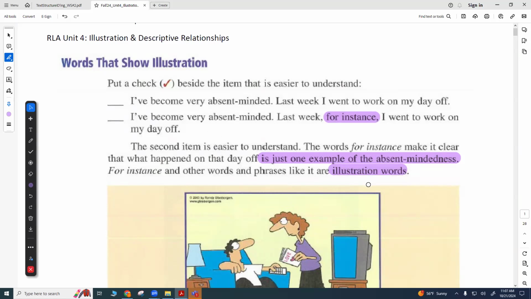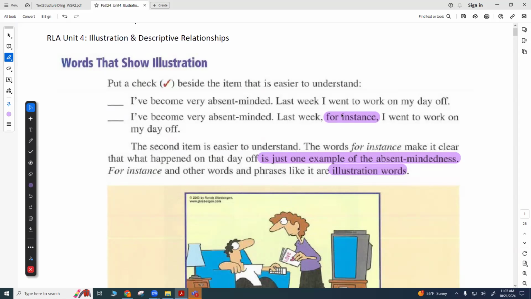So if someone says, I become very absent-minded, and maybe you're like, well, I haven't noticed that, you would maybe ask that person, well, what do you mean? What happened to make you feel this way, or feel that you've become this way?